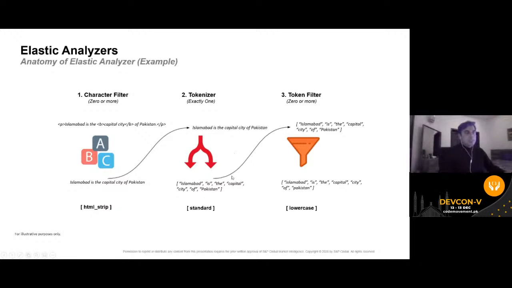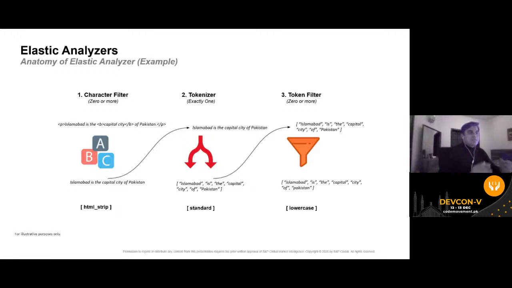Now we feed this array as an output to the token filter. We have a lowercase token filter, which simply converts uppercase into lowercase, and we get the same array at the output. Now this, on the right bottom, is what you see here, and it would be stored in Elastic as is. There is one thing wrong with this token sequence, that it has words like "is" and "the" and "of", which exist in almost every document out there.